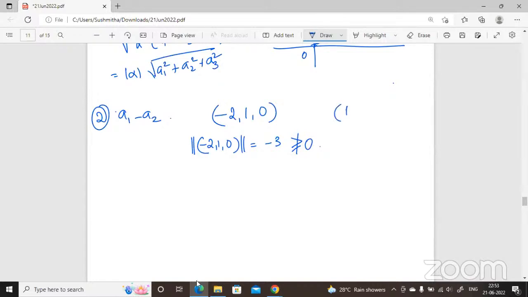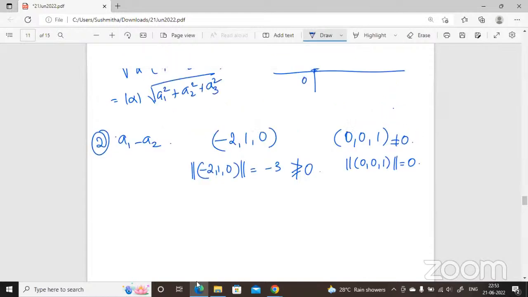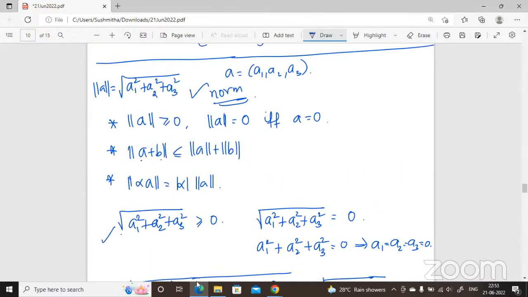Otherwise, take this vector. What is the norm of this vector? Minus 0. But the vector is not 0, no? So this condition means the second part of the first condition: norm A equal to 0 if and only if A is equal to 0. That's not satisfied.